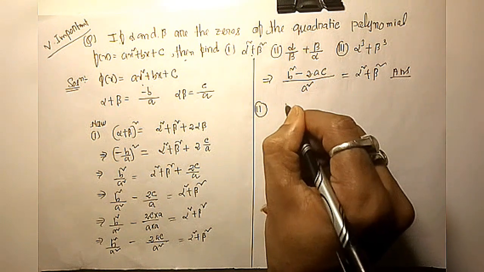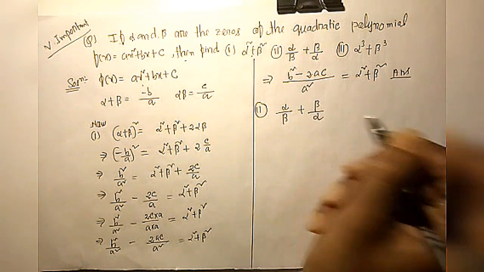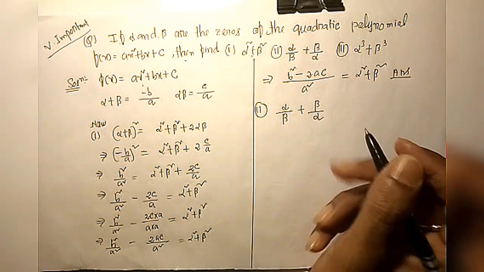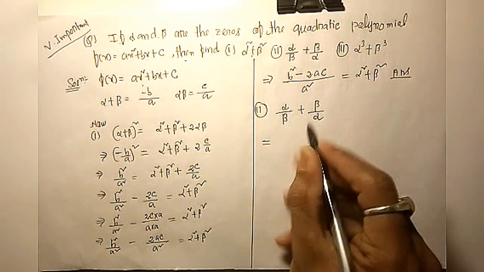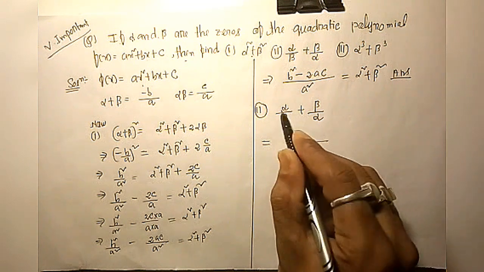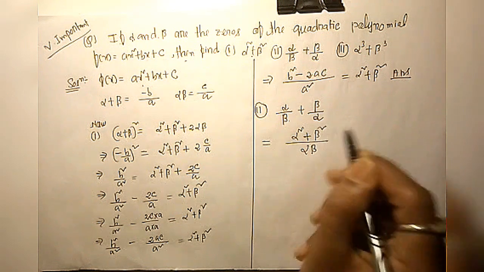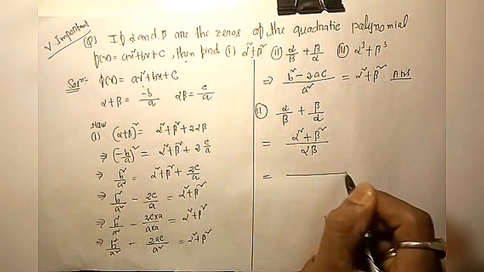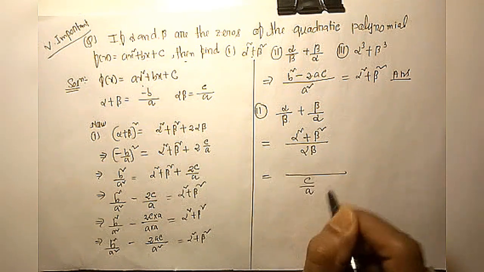So let's move to Roman number 2, alpha by beta plus beta by alpha. Beta and alpha are in the denominator, so the LCM should be alpha into beta. So alpha into alpha, alpha square, beta into beta, beta square, over alpha beta. The value of alpha beta we know is c by a.